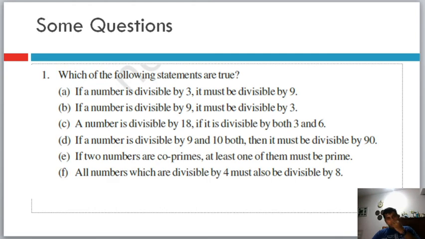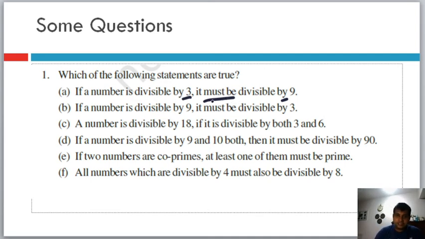Now let's look at some questions. We have studied it already in the previous video, and on that basis I am going to help answer. The first question says, if a number is divisible by 3, it must be divisible by 9. The first trick of solving such questions is to always watch out for terms like must be and never.